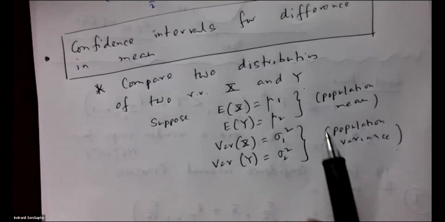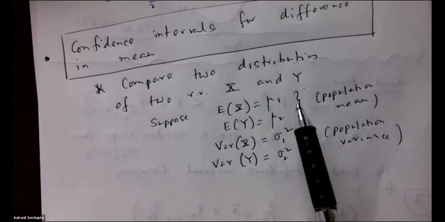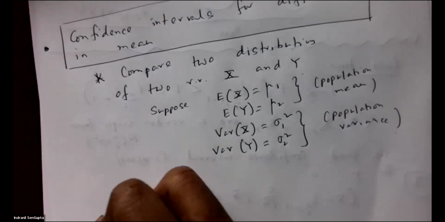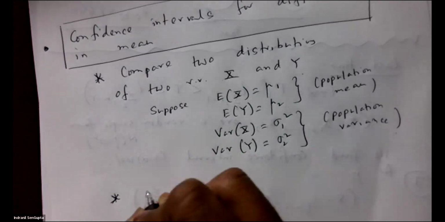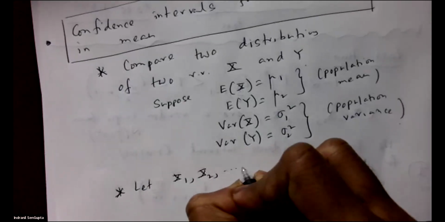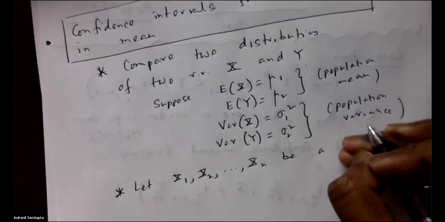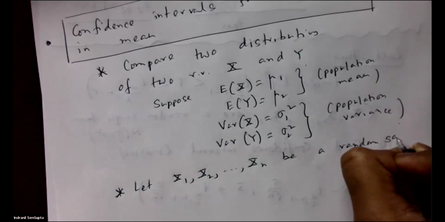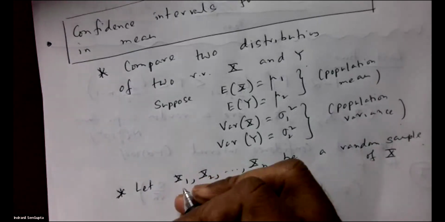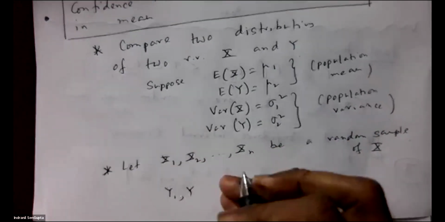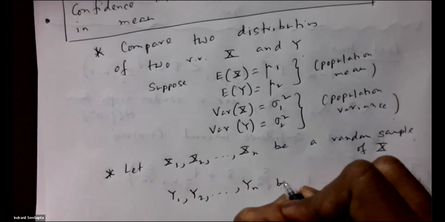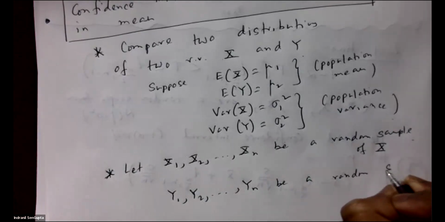But the problem is, if you know these numbers, you actually know everything. In real life, we only draw a sample and we conclude based on that. So let's draw a sample. Let x1, x2, ..., xn be a random sample from x, and y1, y2, ..., yn a random sample from y.